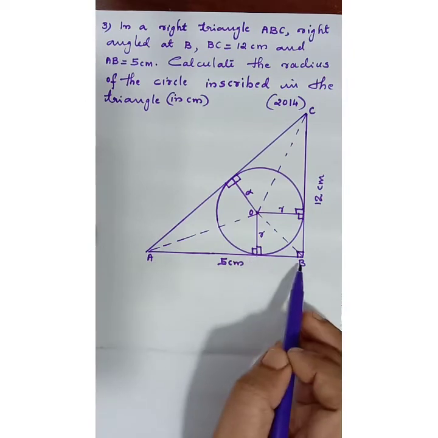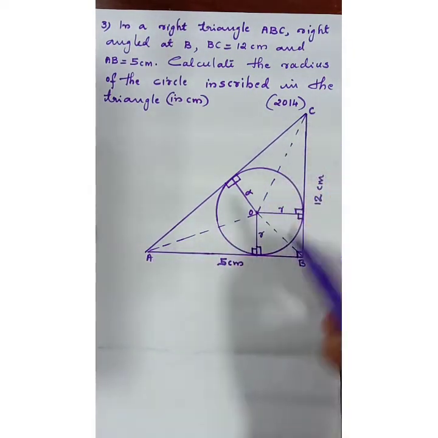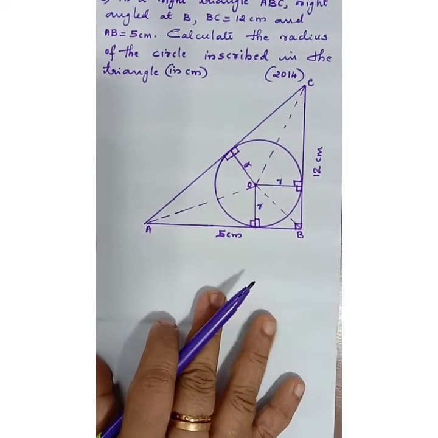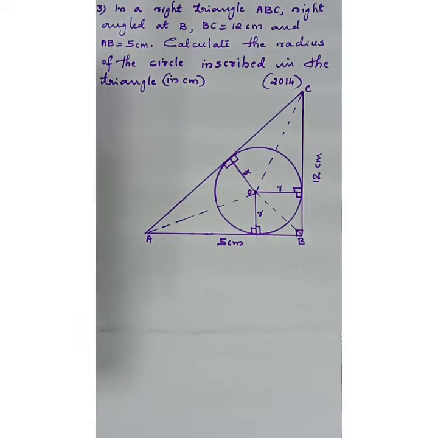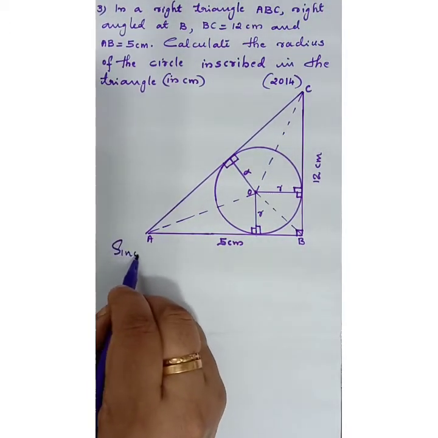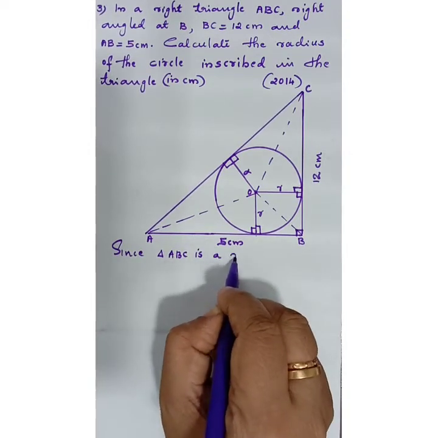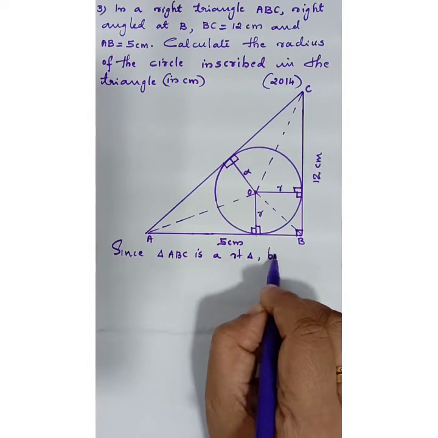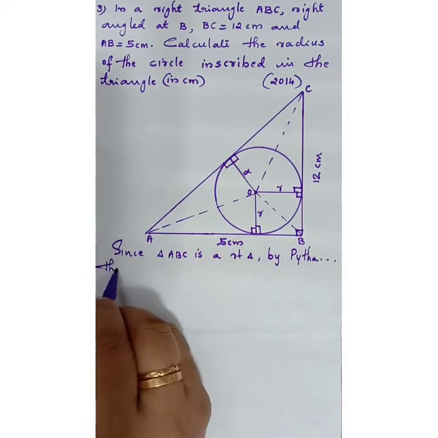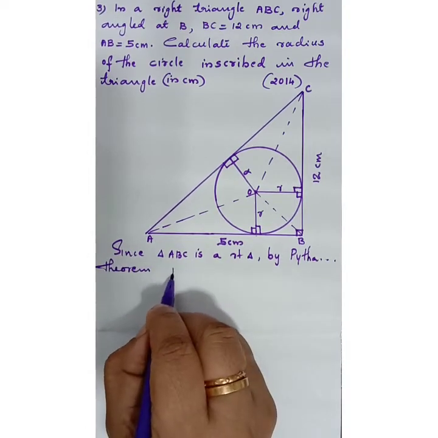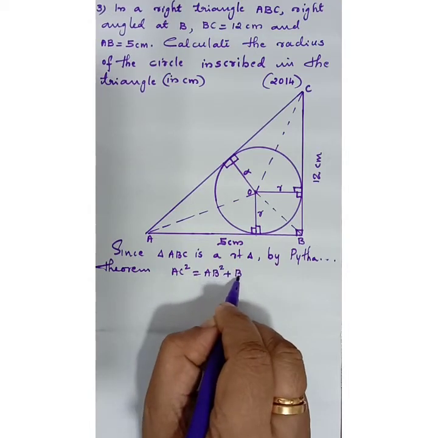Here we have two sides of the right triangle, AB and BC. Let us find AC now. As it is a right triangle, we can use Pythagoras theorem. Since triangle ABC is a right triangle, by Pythagoras theorem, AC square is equal to AB square plus BC square.